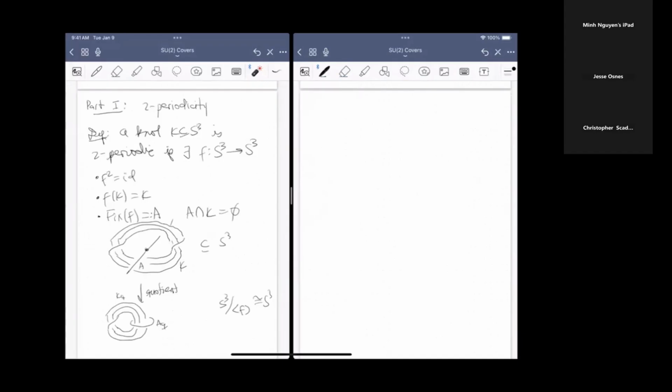Because it turns out that, so this is the lemma or theorem or proposition, I don't know how you want to call it, but if K is two periodic and the linking number between the two components of the quotient link, which is the same as the linking number between the two components of my original two periodic link, is relatively prime to d, then the d-fold cover over K is going to be the two-fold cover over a knot J.